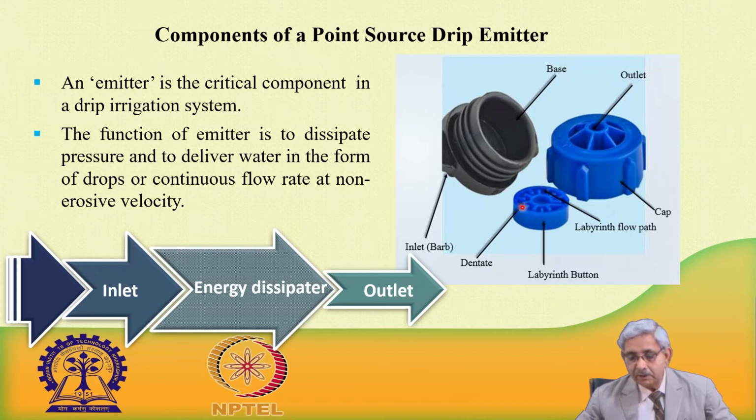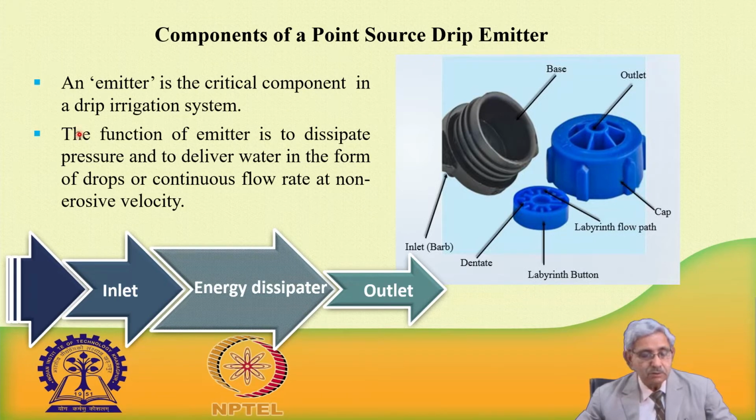The arrangement here is basically causing the labyrinth flow. So, dentates are made in this device, which causes the energy dissipation. Water flows through the labyrinth flow path, and then it comes out of this.